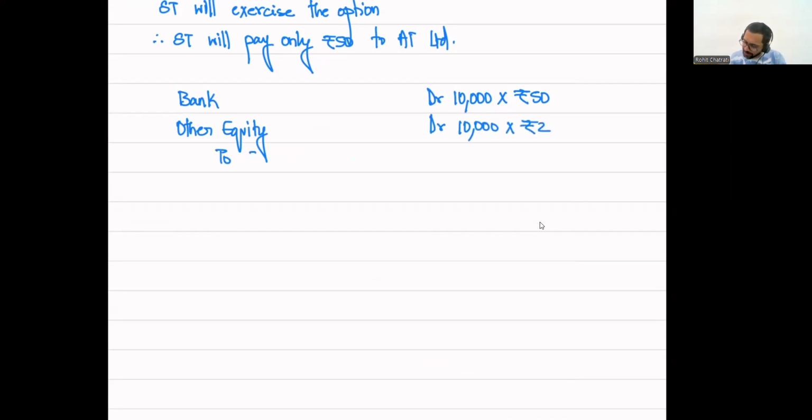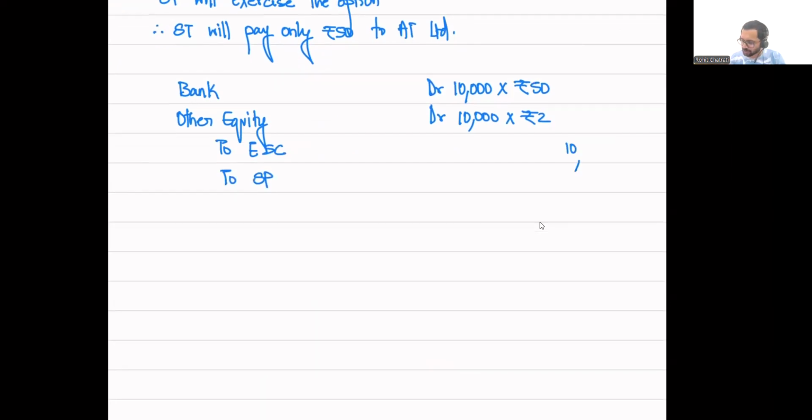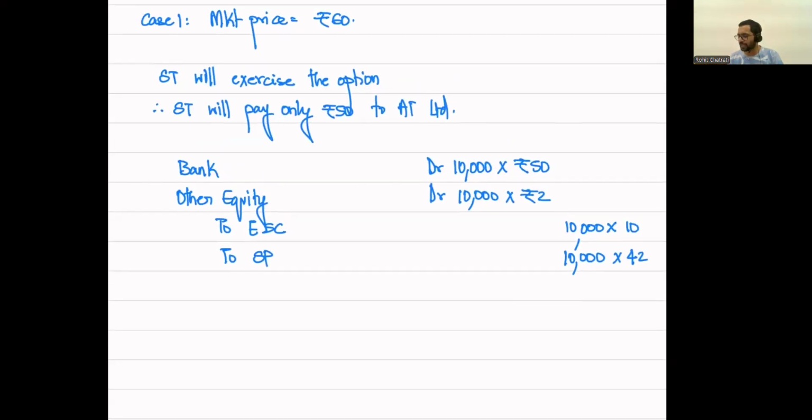And I will be crediting equity share capital and share premium. I will be crediting equity share capital, let us say, by 10,000 multiplied by a face value of 10, and the remaining 10,000 multiplied by 42. Why is it 42? Because technically, I have issued each equity share not for 50 rupees, I issued it for 52 rupees.